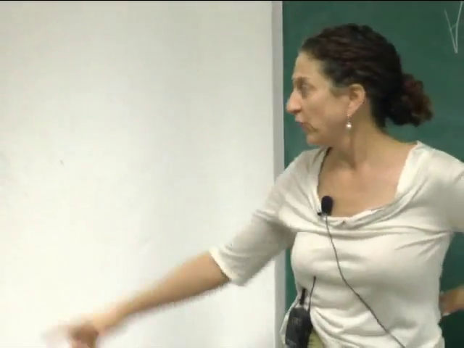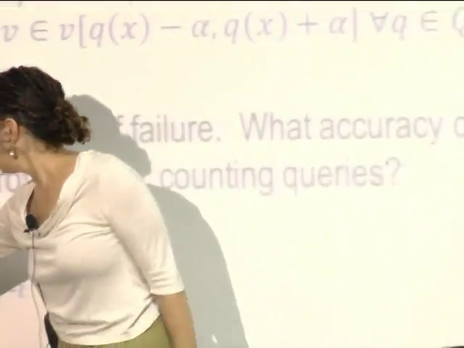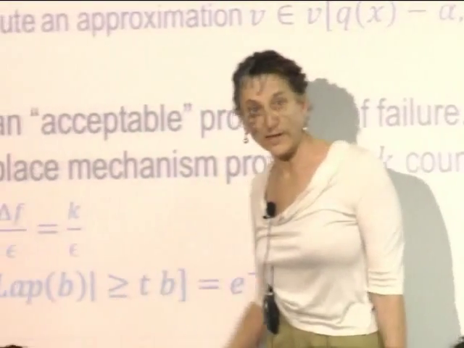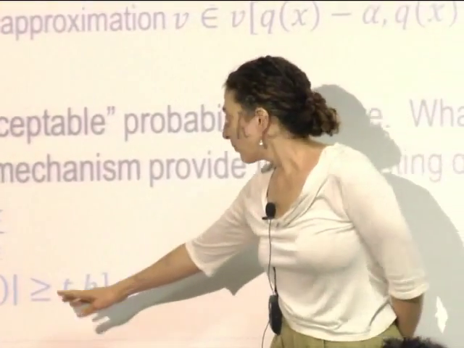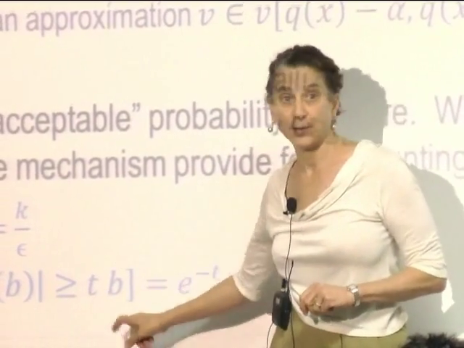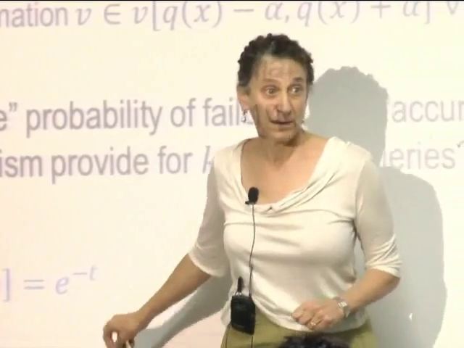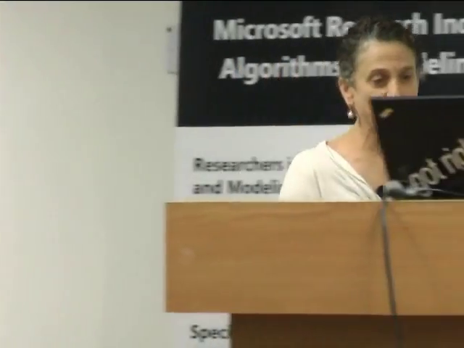And we're going to use this one fact: when I plug in the parameter b to the Laplace distribution, the probability that I get something whose absolute value is at least t times b is exponentially small in t. Okay? That's the only fact that we're going to need.